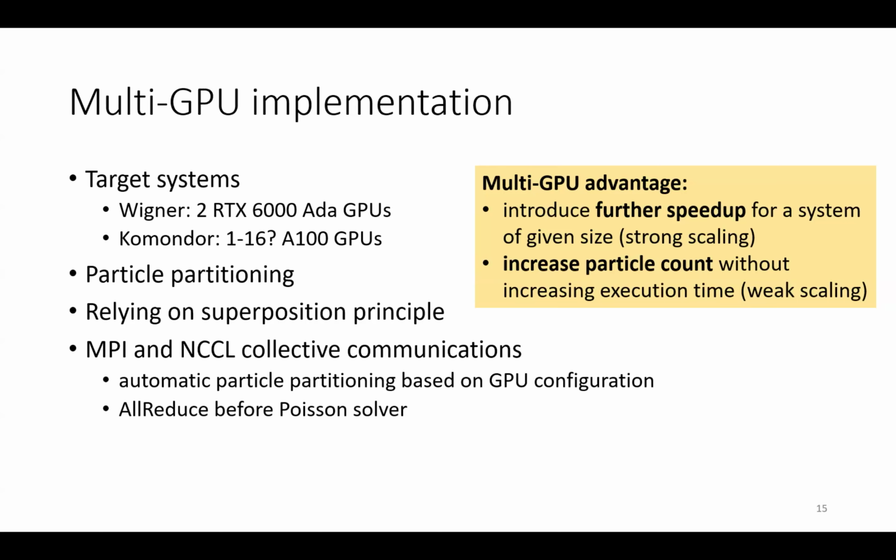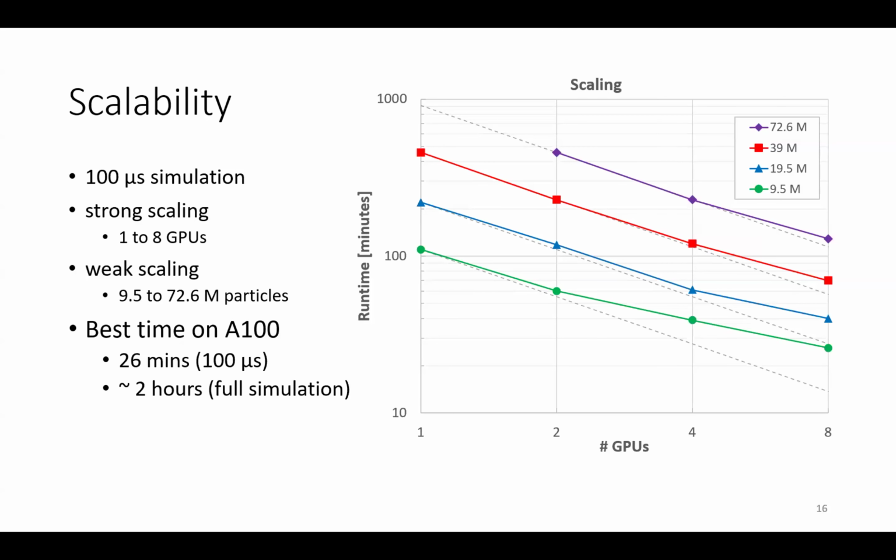So let's see what happens if we increase the number of GPUs, what kind of results we get. So this is the original problem size. We had roughly 9.5 million particles, and on one GPU, the 100 microsecond simulation time finished in about 100 minutes. And you can see that it scales, but not ideally.